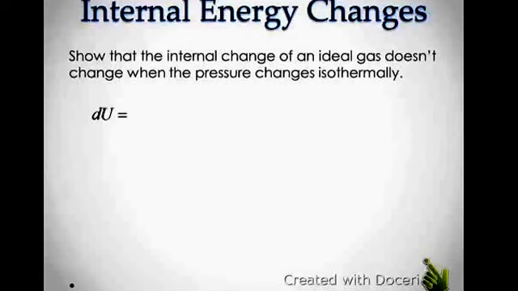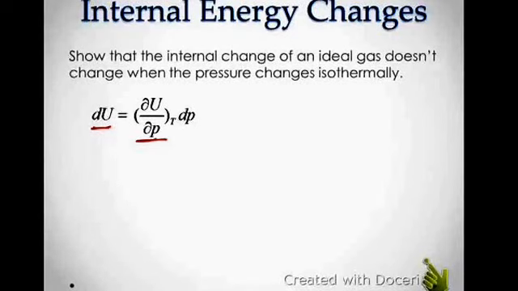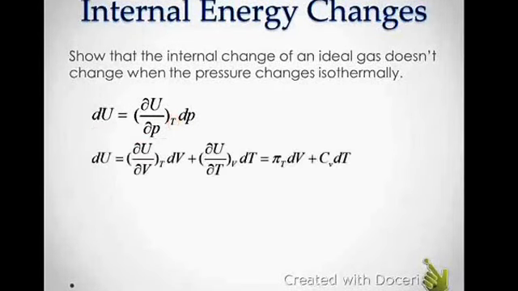So we're going to start again by setting up our differential here and what we're trying to show. As we noted before, we're interested in changes in internal energy, so that's dU when we change the pressure. So we write a partial derivative that shows dU/dP isothermally, meaning at constant temperature, and we multiply it by dP, the pressure that we're changing.